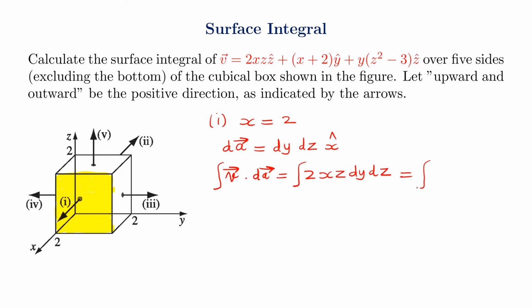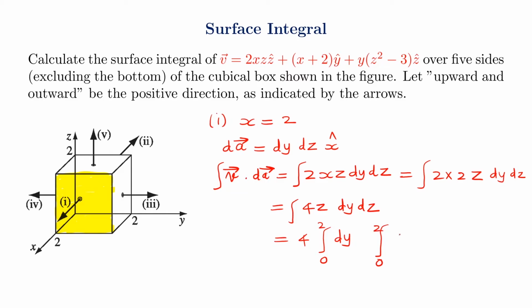This is again equal to 2 times 2z dy dz, that is 4z dy dz. So this is equal to 4 times integral y varying from 0 to 2 dy times z varying from 0 to 2 z dz. So this is equal to 4 times y from 0 to 2 times z from 0 to 2, which will be equal to 16.